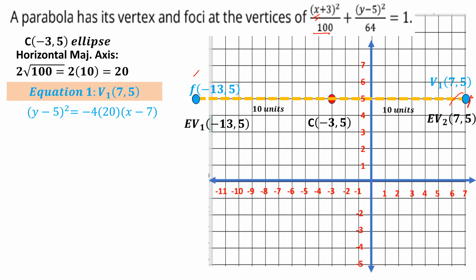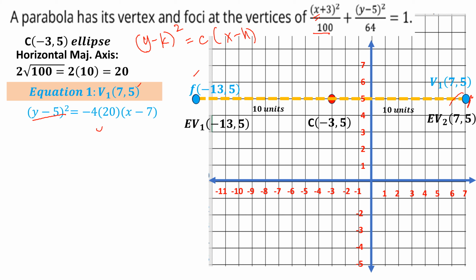We are going to remember that the parabola equation, if the y is being squared, will be like this: y minus k squared is equal to the constant, then x minus h. Our k there is 5, so it will be y minus 5 squared is equal to negative 4 times 20.